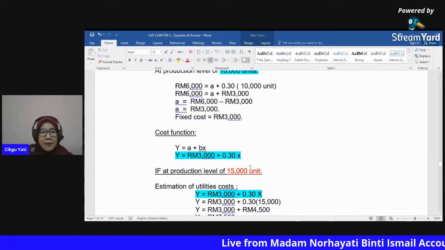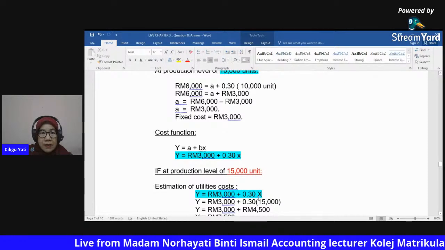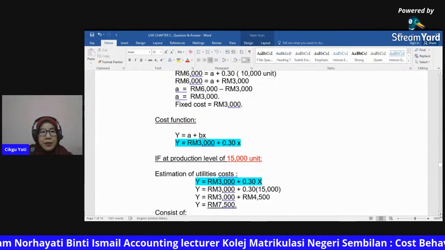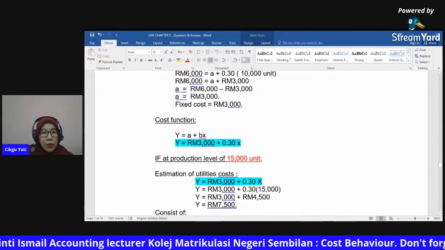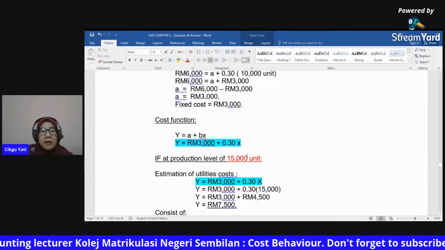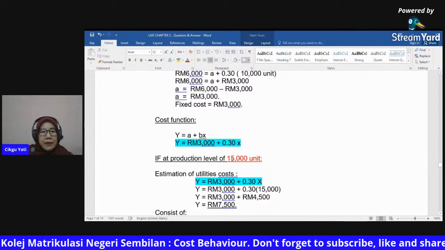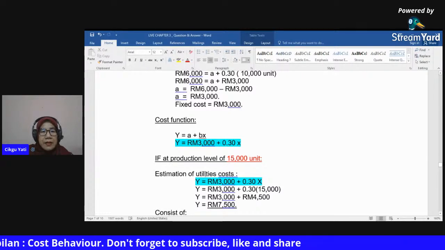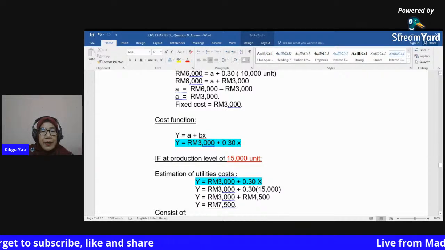So we just substitute X equals 15,000 and when you substitute the amount, the total cost at the level of 15,000 unit for utilities is RM 7,500.